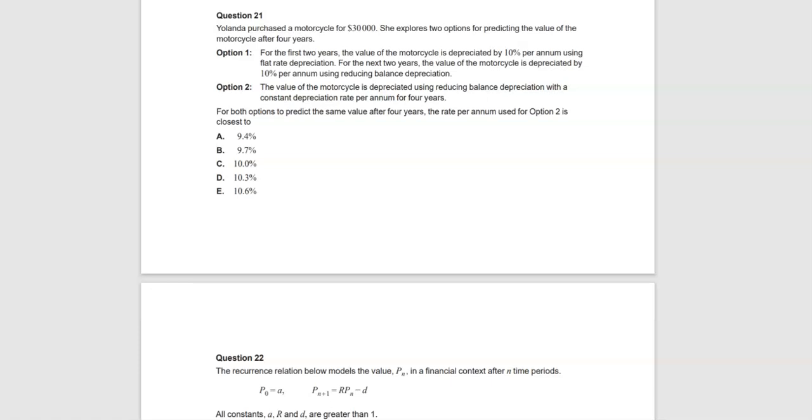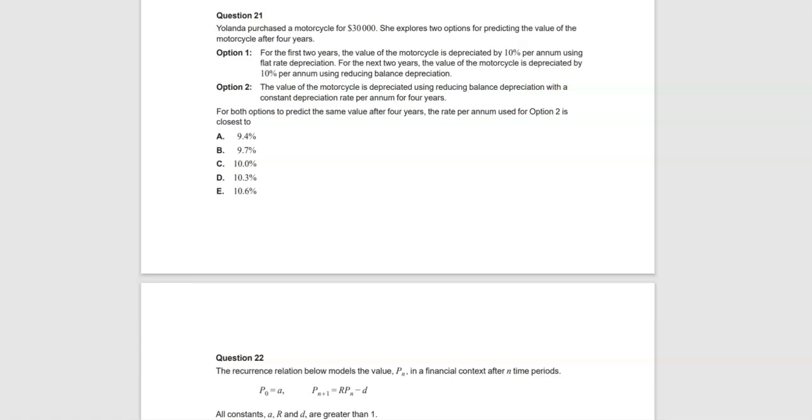And then for the next 2 years, it's depreciated by 10% using reducing balance. That was option 1. And option 2 is you just use reducing balance depreciation for the whole 4 years. It says for both options to predict the same value at 4 years, the rate per annum used in option 2 is closest to.